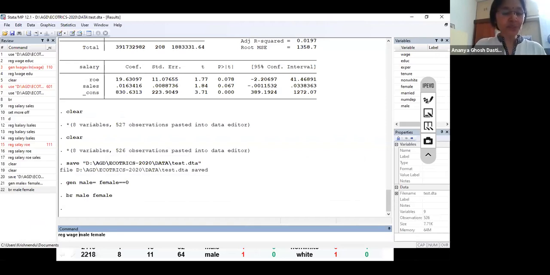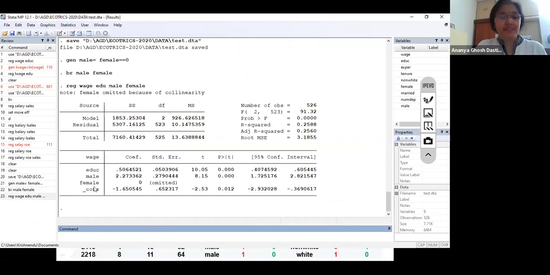So I'm going to regress wage on education, male and female. Look what happens. I'm getting a message saying female is omitted. This cannot be run.